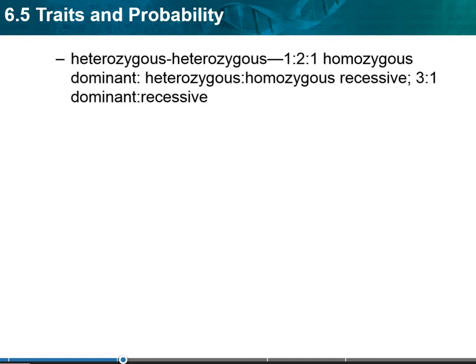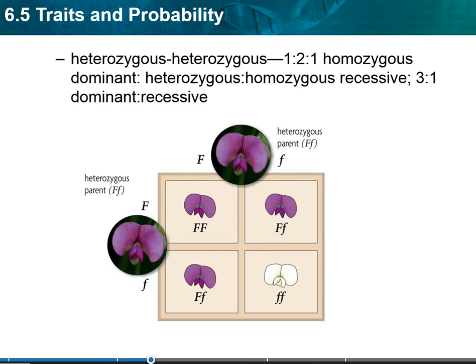Heterozygous to heterozygous is, if we look at two heterozygous crossing, we're going to end up with a 1 to 2 to 1 ratio for the genotype, and then we're going to have a 3 to 1 ratio for the phenotype. So that's what we see here. So it's two heterozygous ones that are crossed.